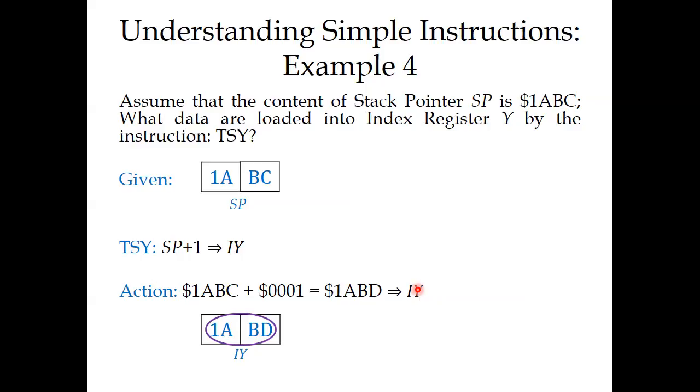So the question is asking what data is loaded into index register Y. Okay, so that means this is my index register Y, and the new content is 1ABD. That's what I just got, right? So again, if we understand column 3, it helps us a lot to understand how the instruction will work. Any question here?